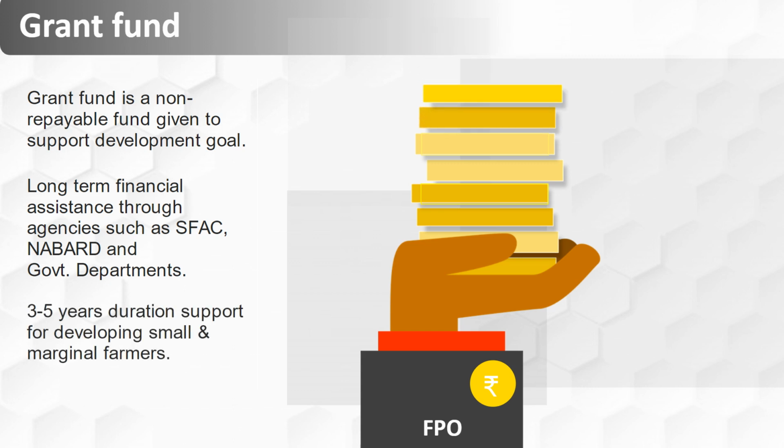The grant term is 3 to 5 years, and one of the project goals is developing small and marginal farmers and their income. It is a long term financial assistance provided to achieve a particular development goal.